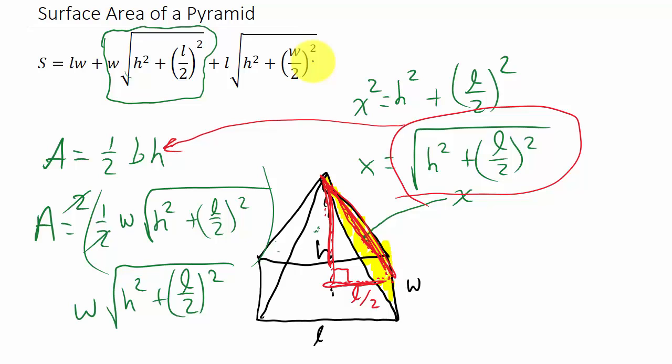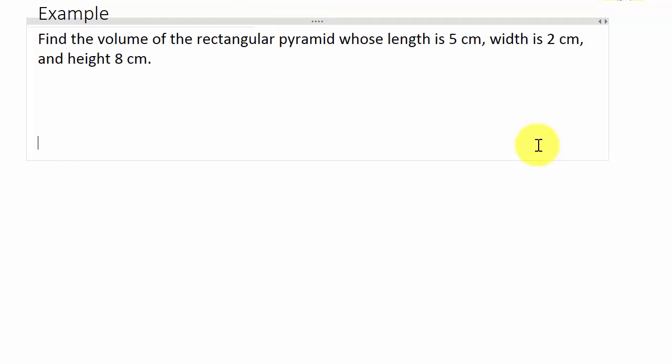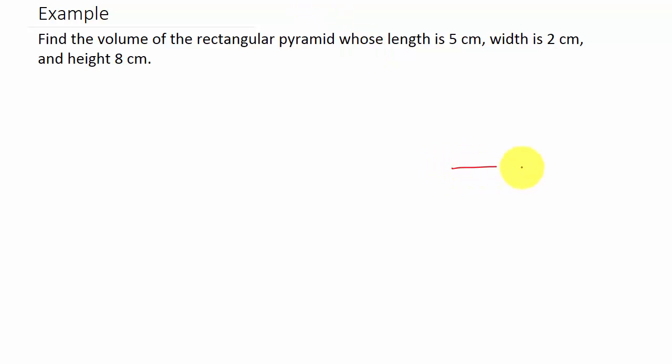Let's take a look at an example. We have our problem here. It says find the volume of the rectangular pyramid whose length is 5 centimeters, width is 2 centimeters, and height is 8 centimeters. We can come over here and make a rough sketch of it.